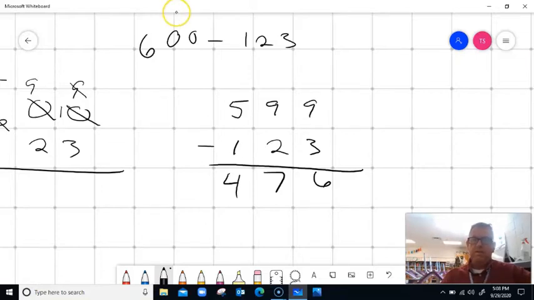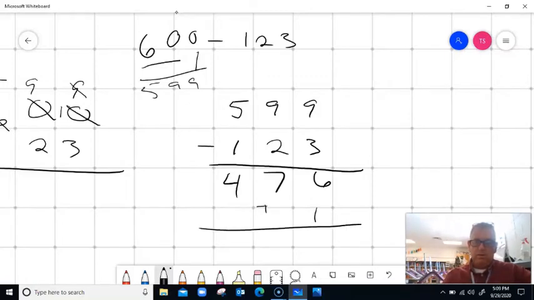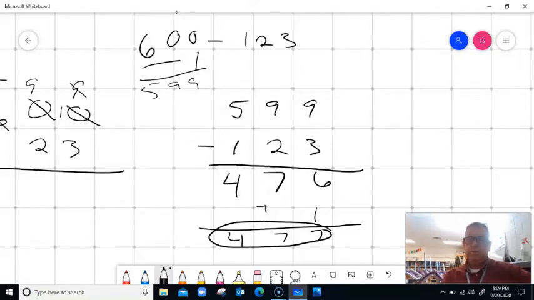And then since up here at the top they subtracted 1 from 600 to get 599, you go down here and you just add 1. So 6 plus 1 is 7. Then just bring that 7 down and the 4. So that has made the regrouping a little bit easier. So 600 minus 123 is 477. And that's just a little trick way of doing it without having to regroup.